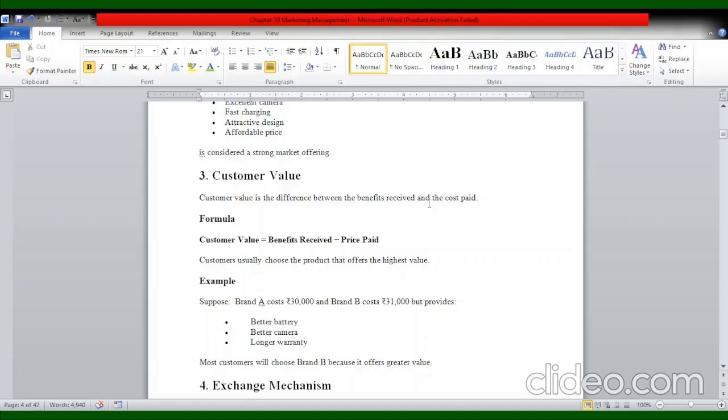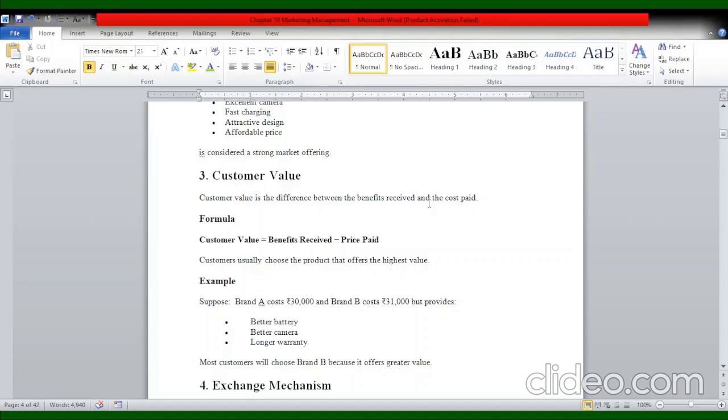Customers usually choose the product that offers the highest value. For example, brand A costs 30,000, brand B costs 31,000, but provides a better battery, better camera, and longer warranty. So most customers will choose brand B because it offers greater value.